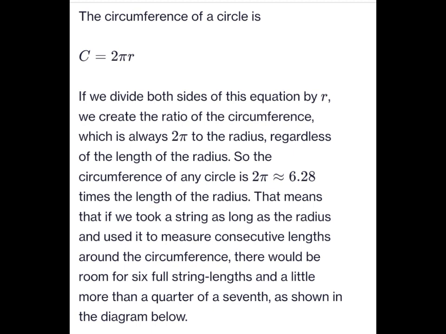So the circumference of any circle is 2 pi, or about 6.28, times the length of the radius. That means that if we took a string as long as the radius and used it to measure consecutive lengths around the circumference, there would be room for 6 full string lengths and a little more than a quarter of a seventh, as shown in the diagram below.